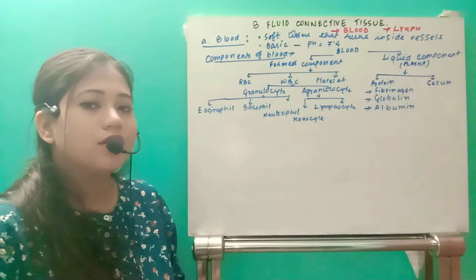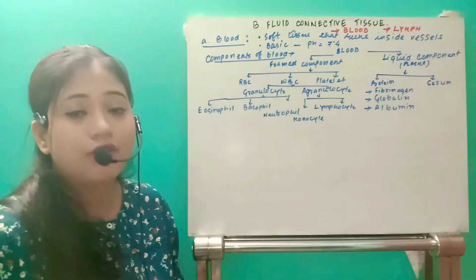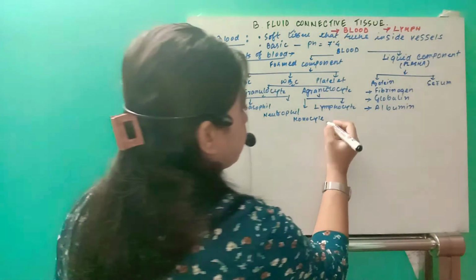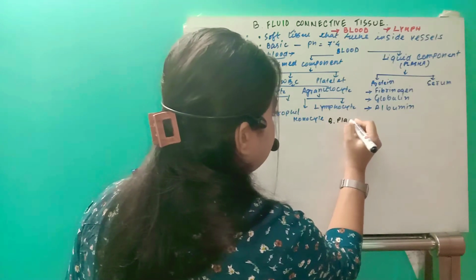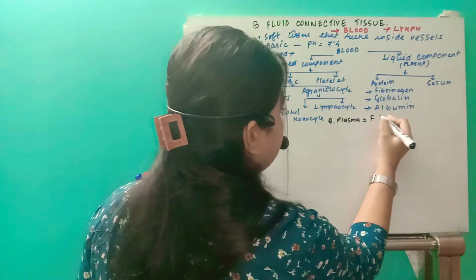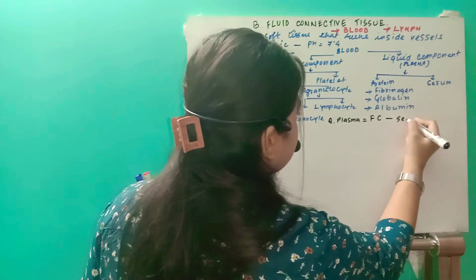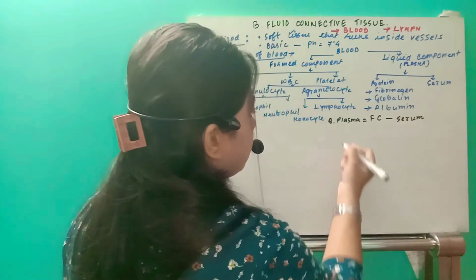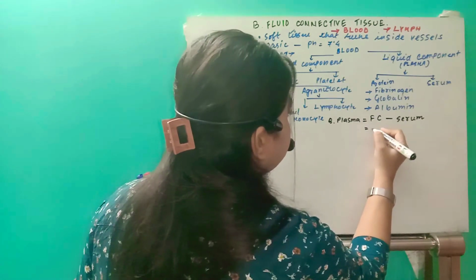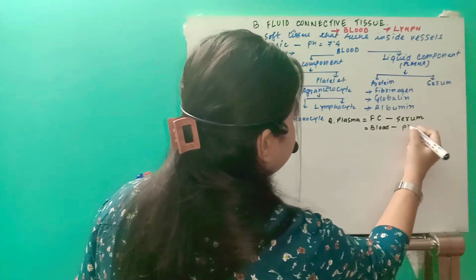Now I will give you a simple question so that you can understand how a question can be asked from this part. Suppose this is the question: plasma is equal to, option one, formed component minus serum. Next one, blood minus proteins.